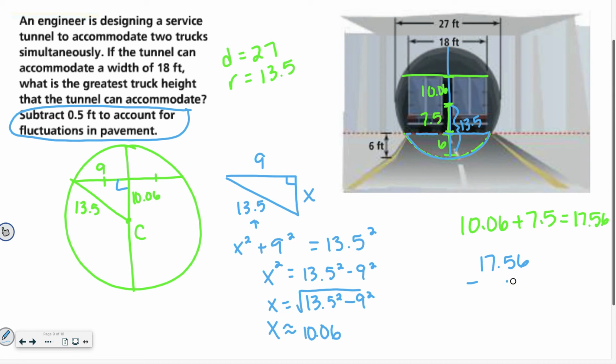So 17.56 minus 0.5 leaves us with 17.06 feet. That means that the greatest truck height the tunnel can accommodate is 17.06 feet. And when we see those signs for trucks as you approach a bridge or a tunnel, you never see the decimal. We normally just see max height 17 feet.